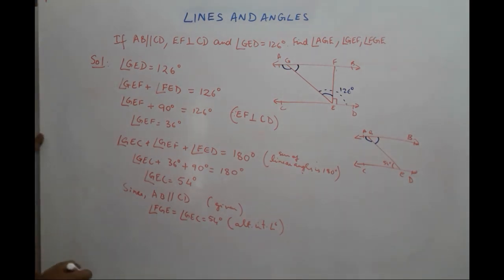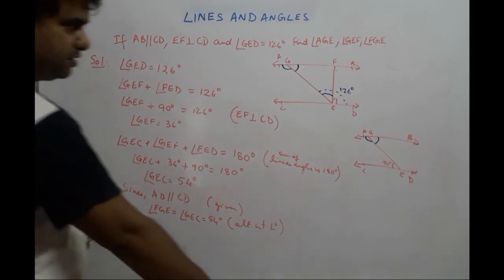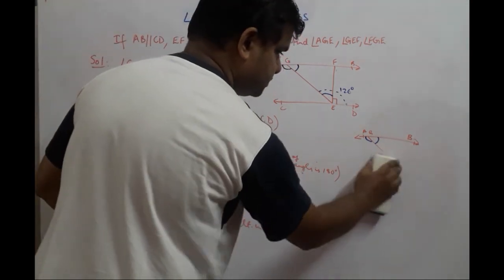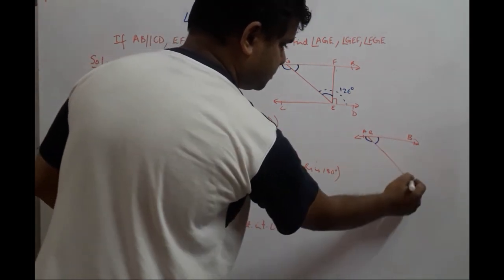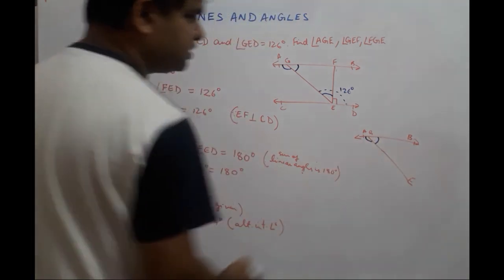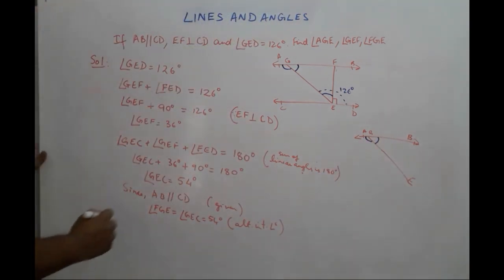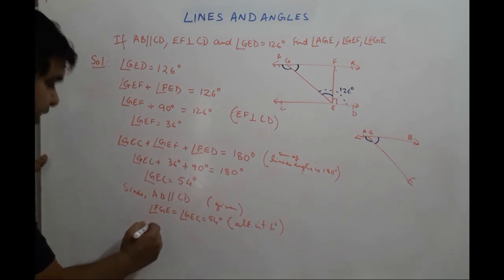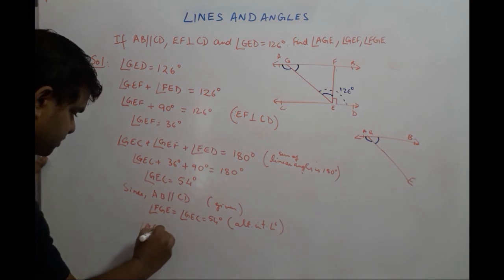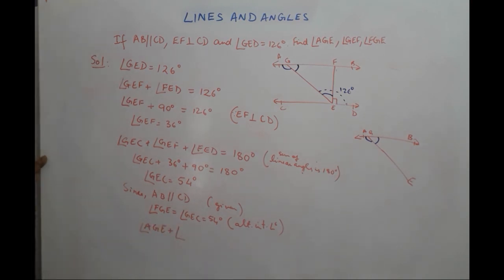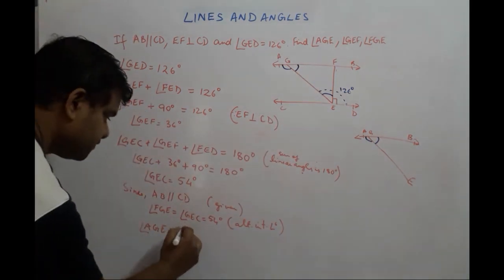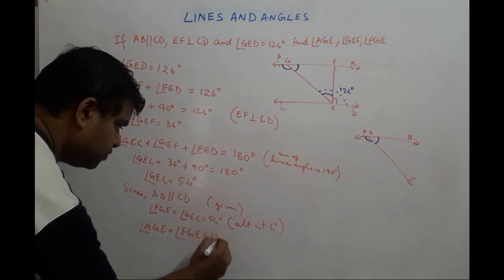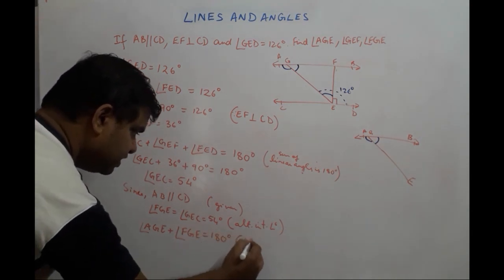Now if we just take this part, what are these forming? These are forming linear angles. So we can say that angle AGE plus angle, the one that we have found right now, that is FGE, is equal to 180 degrees by linear pair axiom.